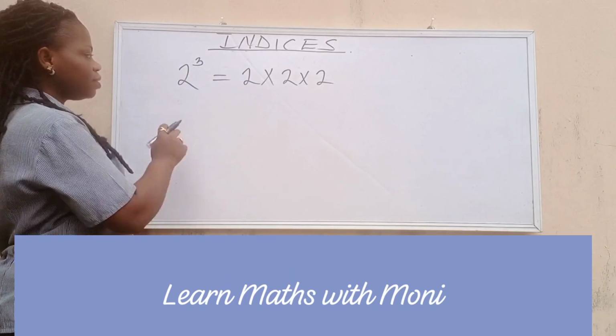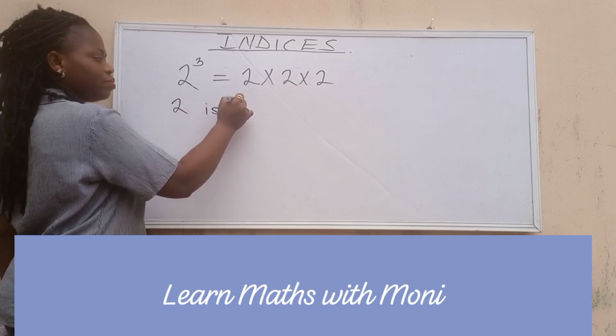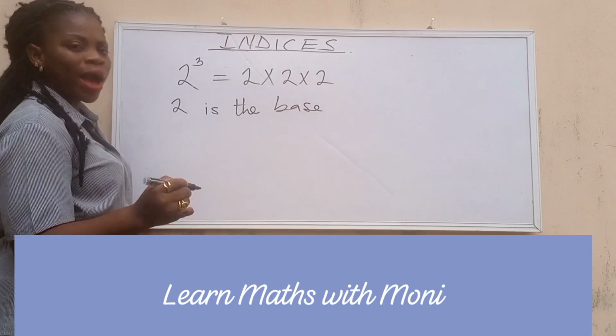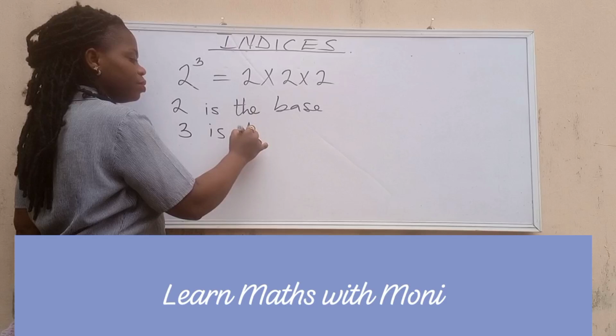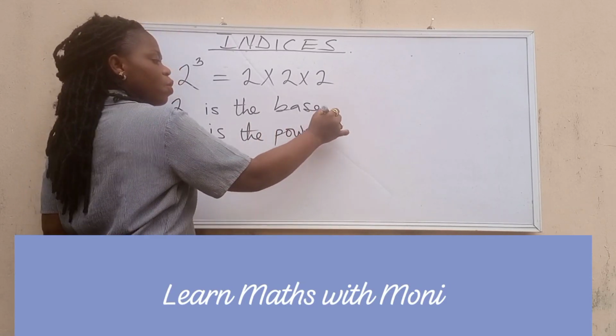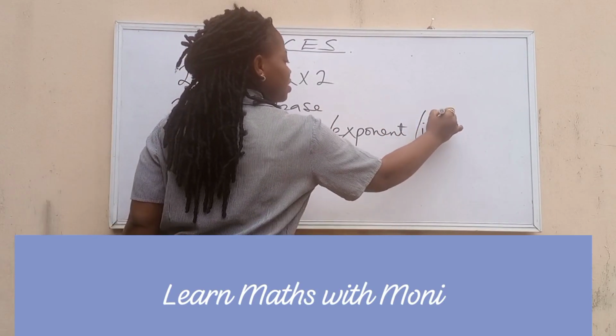In this case, 2 is called the base, while 3 is the exponent or power. We call it power or exponent or index.